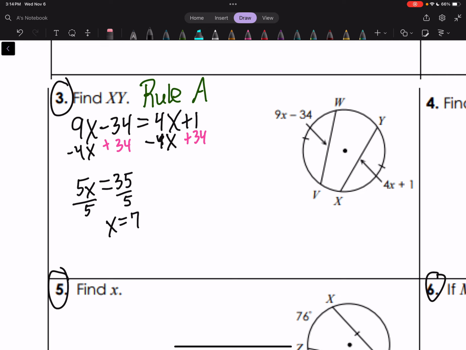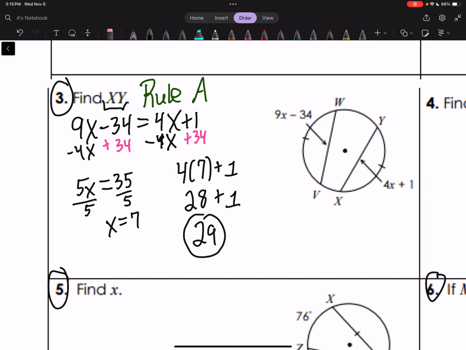This is good, but I'm looking up and it says to find xy. So xy is the equation 4 times x, so I'm going to put in my 7, plus 1. This is 28 plus 1, which is 29 as my final answer.